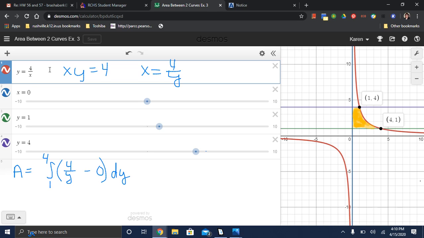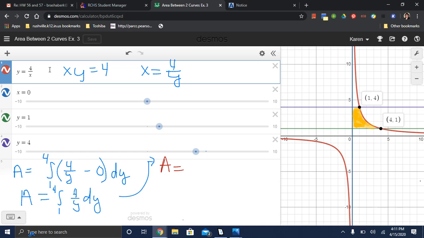So we're integrating 4 over y dy. All right, well, so that would be a natural log. I'll go ahead and rewrite that. So the integral 1 to 4, 4 over y dy. And so we can integrate that, giving us the area equals.